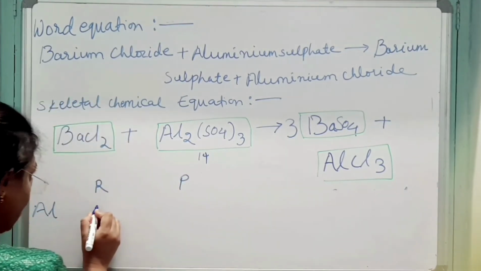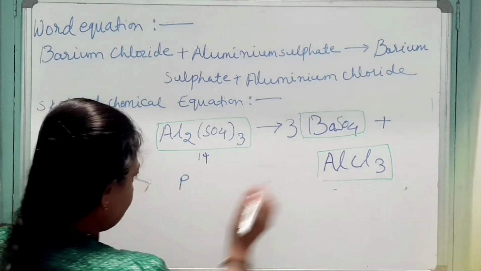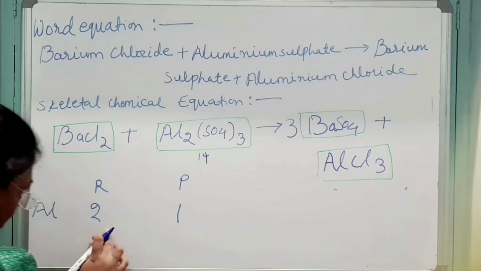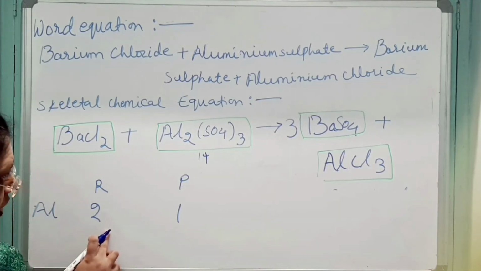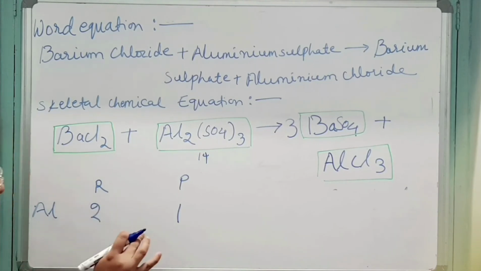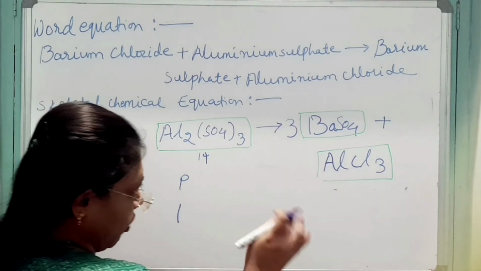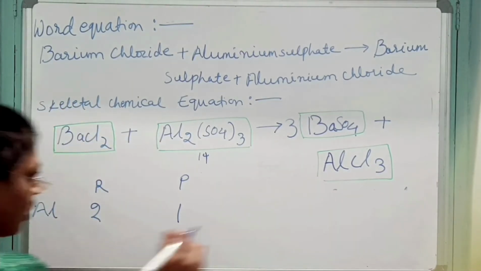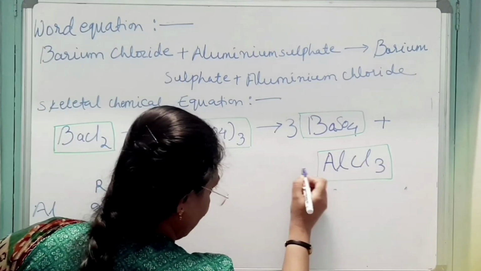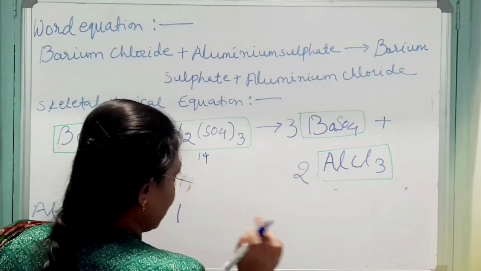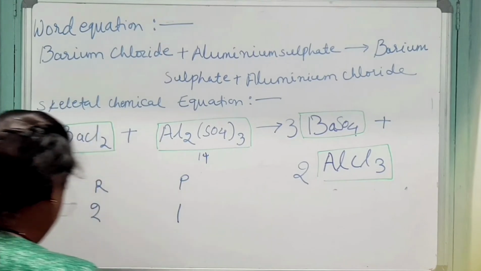It is 2 here and only 1 there. So 2 is the maximum number of aluminium present on the reactant side, so whatever coefficient we put, we have to put it on the product side. So here we can put 2 outside this square. Now Al is 2 here and 2 here. So Al is also balanced.